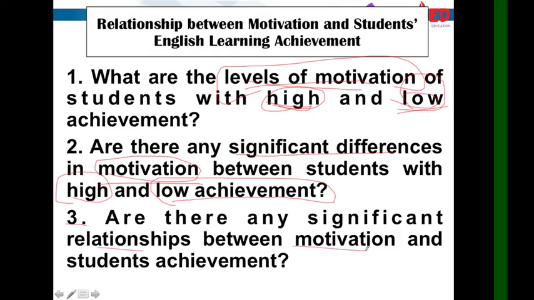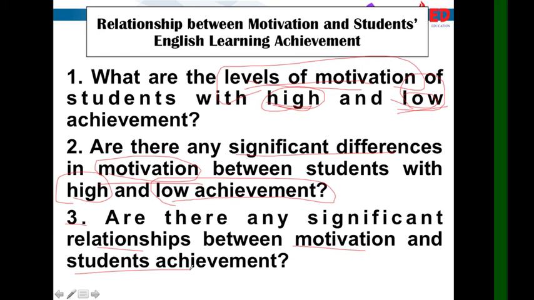Ito naman, tinitignan siya ng kabuuan. So, lahat ng mga achievement, either high or low, may mga motivation yan, na level of motivation. Titignan natin ngayon kung meron bang effect or may relationship ba yung motivation sa student achievement. Kapag maganda ang motivation na na-receive ko, ibig sabihin, mas mataas ang performance ko sa English.